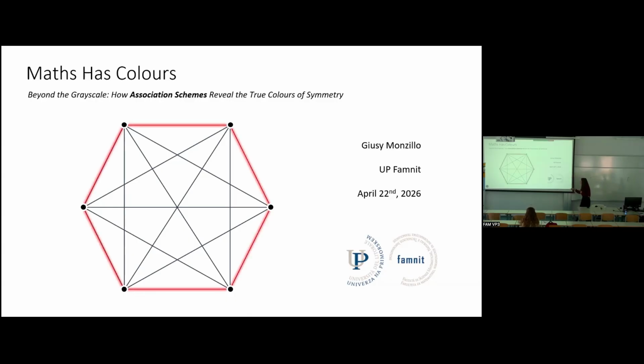Now this for me represents something. I will explain why, because we will actually construct this together. This is an association scheme, the first, maybe not trivial example, the easiest one and not trivial. We have 3 classes, 3 colors, and we will see why.